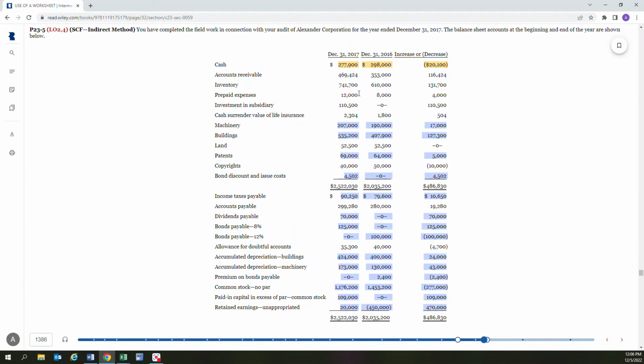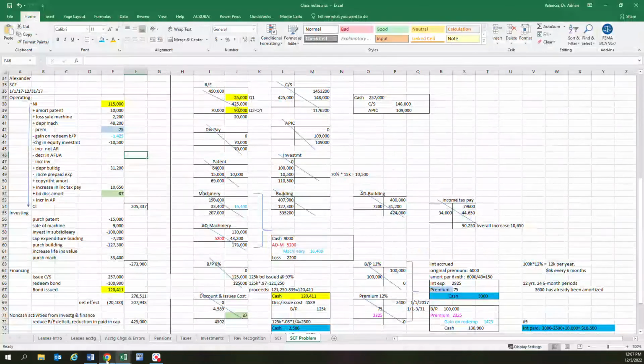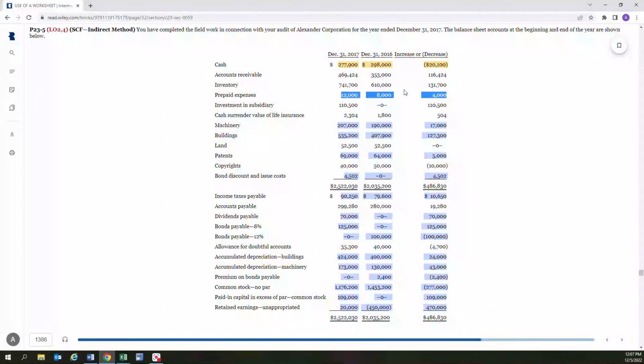So the first thing is accounts receivable. Notice how it went up. Then we have inventory went up as well. Prepaid expenses went up as well. And the investment in the subsidiary, I thought we dealt with that one if I'm not mistaken. Yeah, we dealt with that one already. So let me cross that one out. That one we don't need to explain anything about.